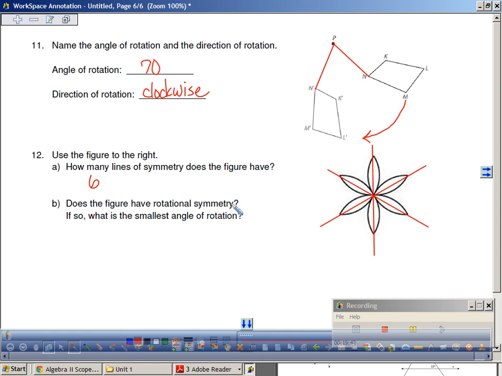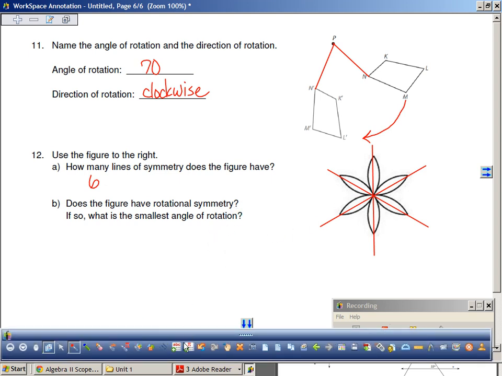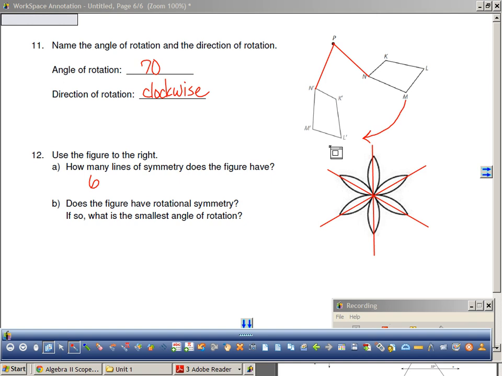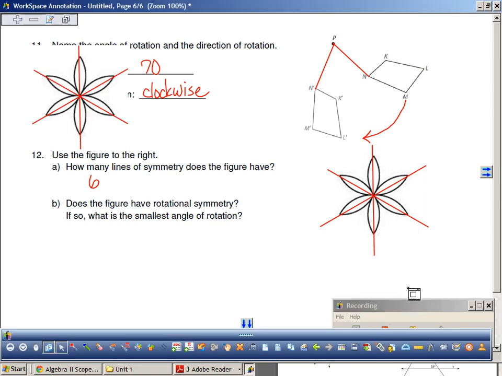Does the figure have rotational symmetry? Yes, it does. What could you use to check? Use patty paper.